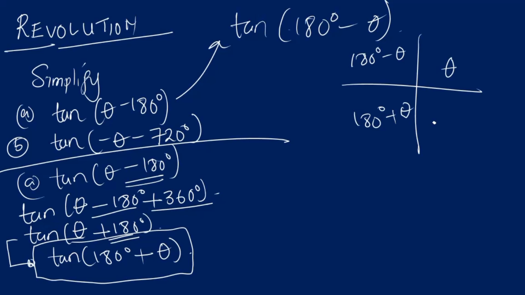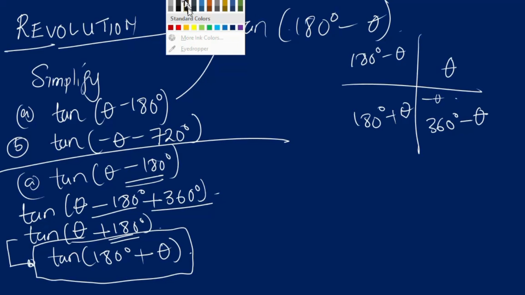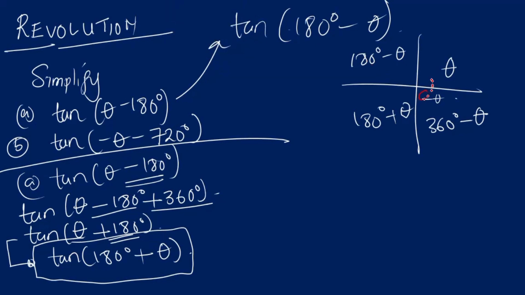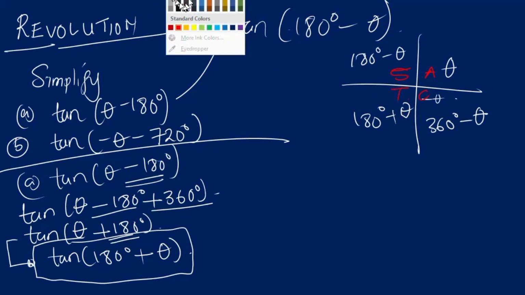And this one it's 360 degrees minus theta, or we also call it negative theta. All set. And then we have our CAST system. Put a CAST there. C-A-S-T, cast. See how beautiful that is?